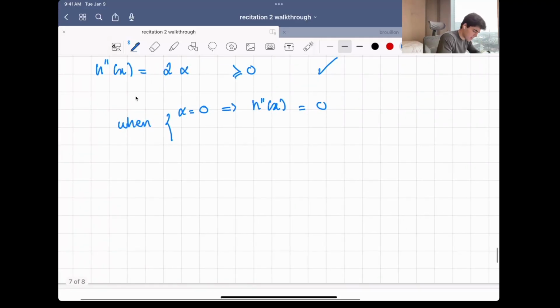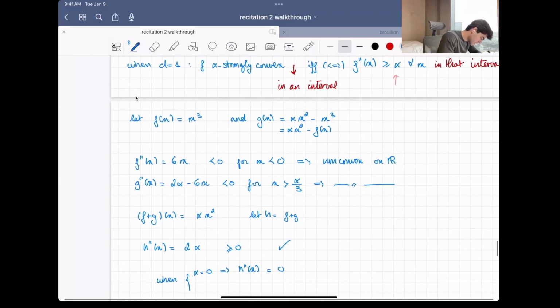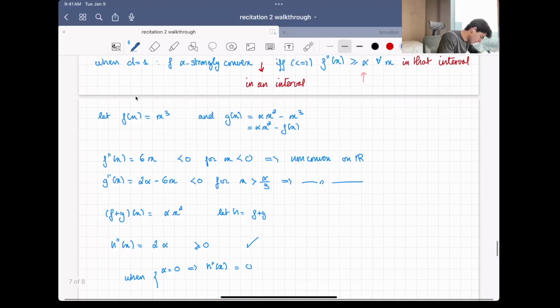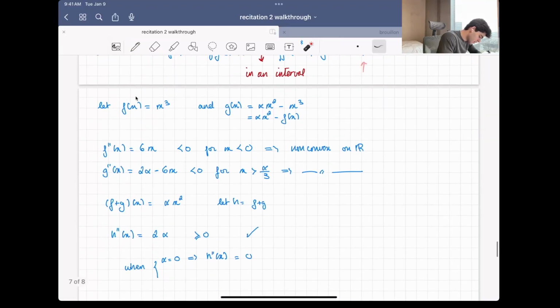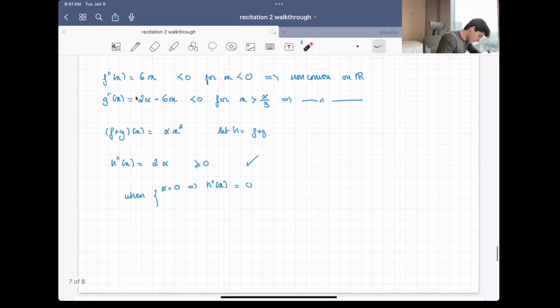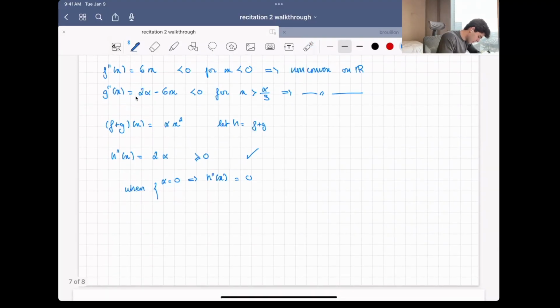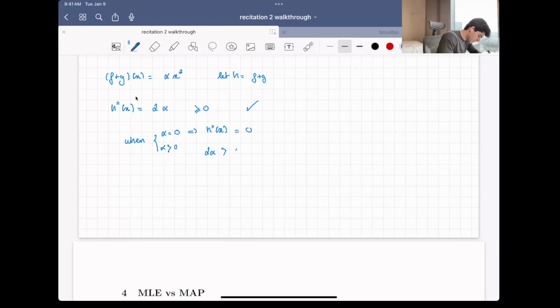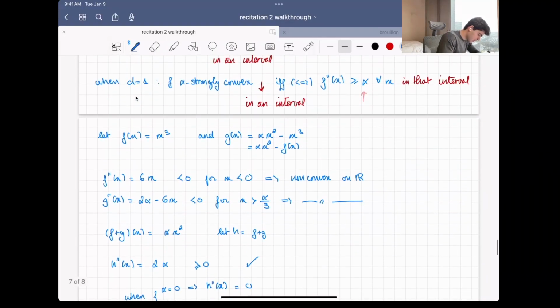So this is convex, but this is not actually, yeah, it is strongly convex because alpha would be 0 here as well. The second case is where alpha is bigger than 0: 2 alpha is bigger than alpha, so it would be strongly convex.